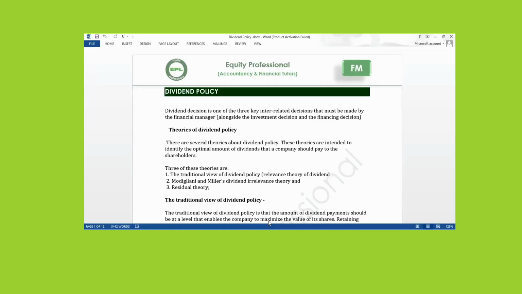What percentage of the company's profits should be distributed to shareholders in the form of dividends? That question will be answered under dividend decision.